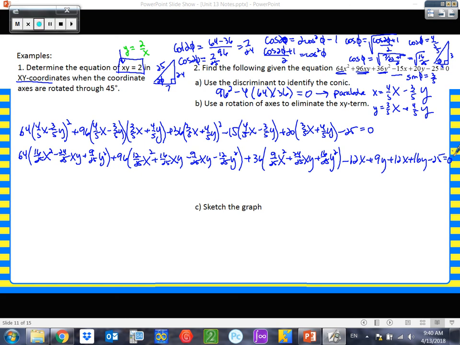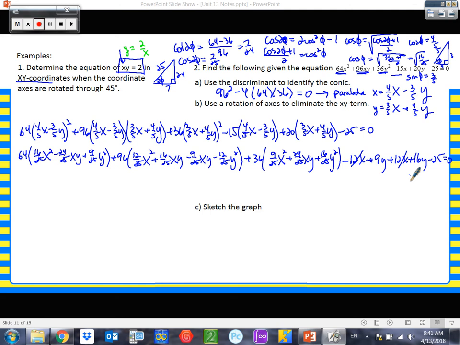So notice that over here, yay, negative 12x plus 12x go away. That's a little thing we can take care of. Now we're going to multiply out the 64 and such. When you're working one of these, you certainly can have a calculator by your side. I don't want you to have to multiply 64 times 16 in your head. So you could use a calculator for just the number crunching portion.